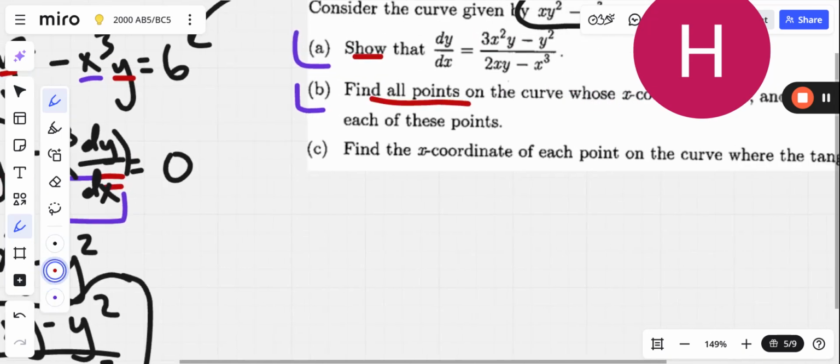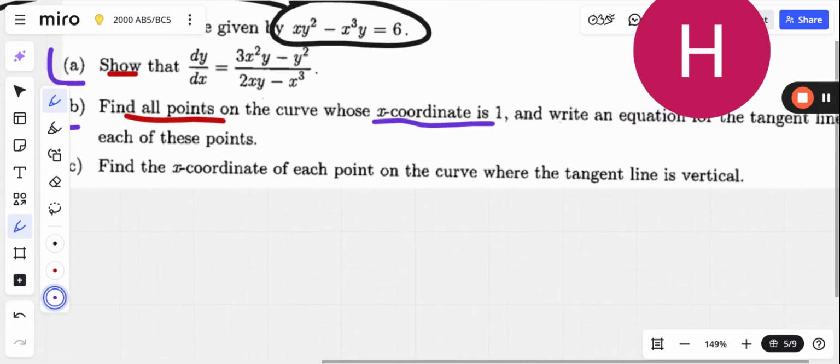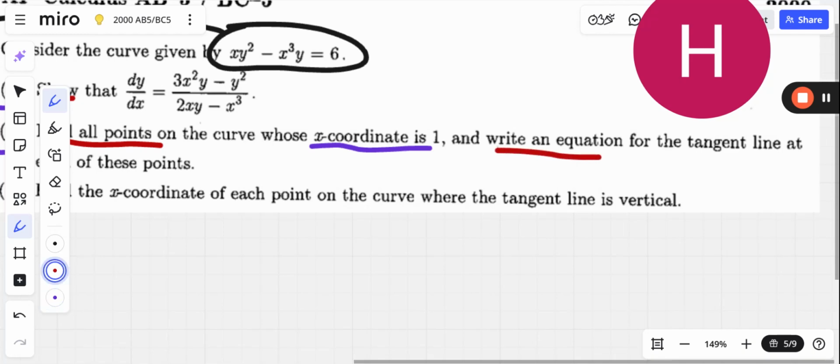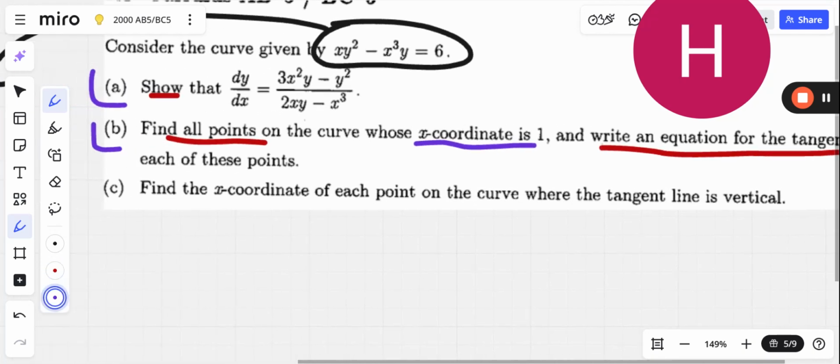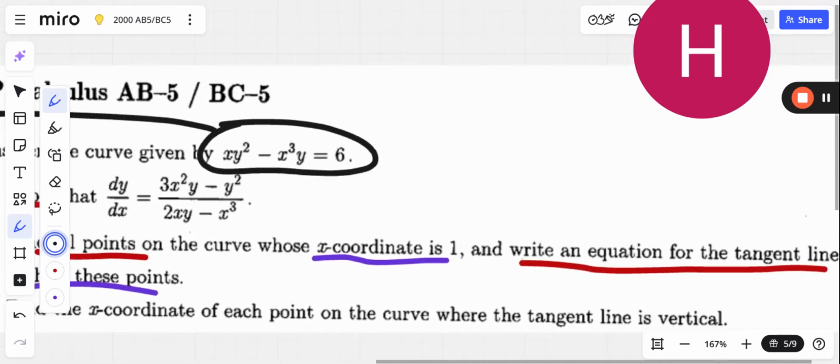Find all points on the curve whose x-coordinate is 1 and write an equation for the tangent line at each of these points. So, two parts to this. We have to find some points where the x-coordinate is 1. What exactly does that mean for us to do if they tell us the x-coordinate is 1? It means we need to plug in x.